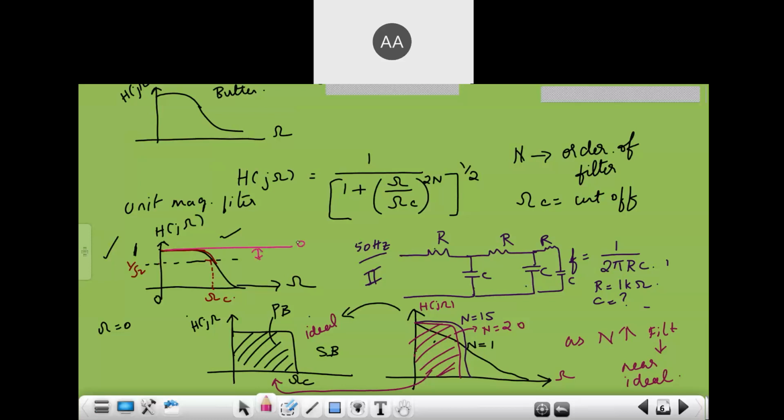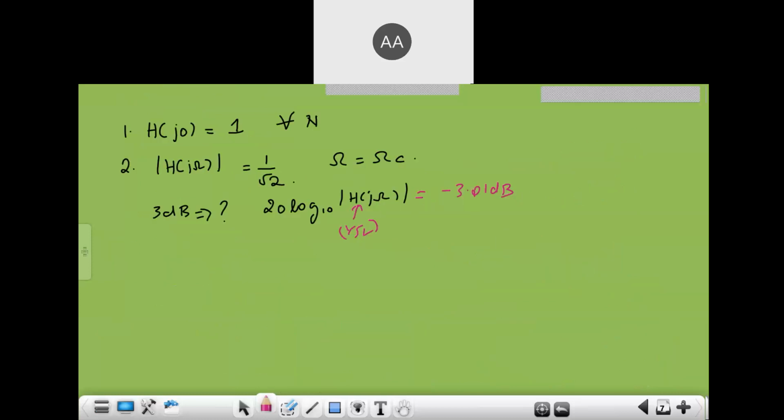This is the 0 if you consider. If you come below, it is minus 3 dB, right? Whatever minus 3 dB you are taking, this is nothing but your cutoff frequency itself. If you come down to minus 3 dB in your log scale, it is equivalent to getting your cutoff frequency value on the x-axis. That is the meaning.